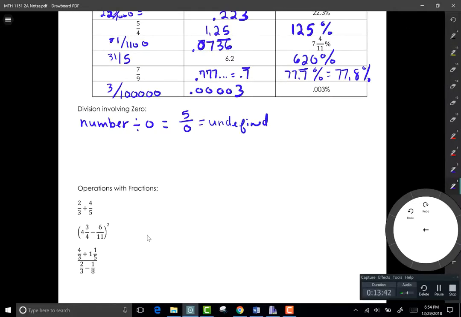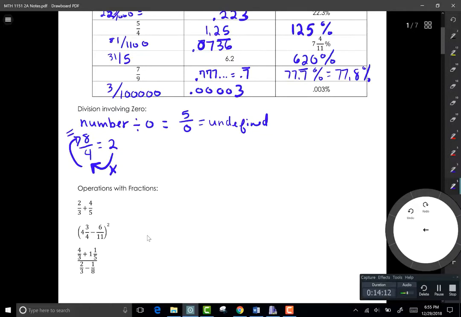And the reason we can say that is recall that if I say 8 divided by 4 is 2, remember that fraction bar is just a division sign, another way to write division. So if I take 8 divided by 4, it's 2. Now I can work backwards to double check it. It should work that 2 times 4 should give me 8.